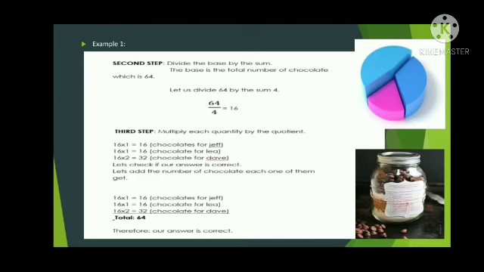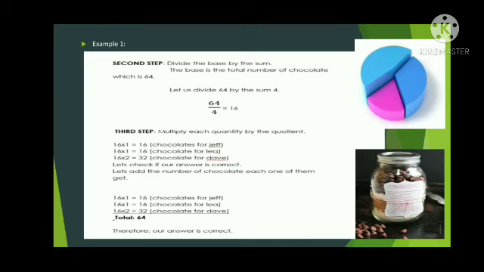So let's check if our answer is correct. So simply add lang natin, no? Let's add the number of chocolates each of them gets. So that is 16 plus 16 plus 32. So 16 plus 16 is 32, plus 32. The total number of chocolates is 64. So okay siya, no?